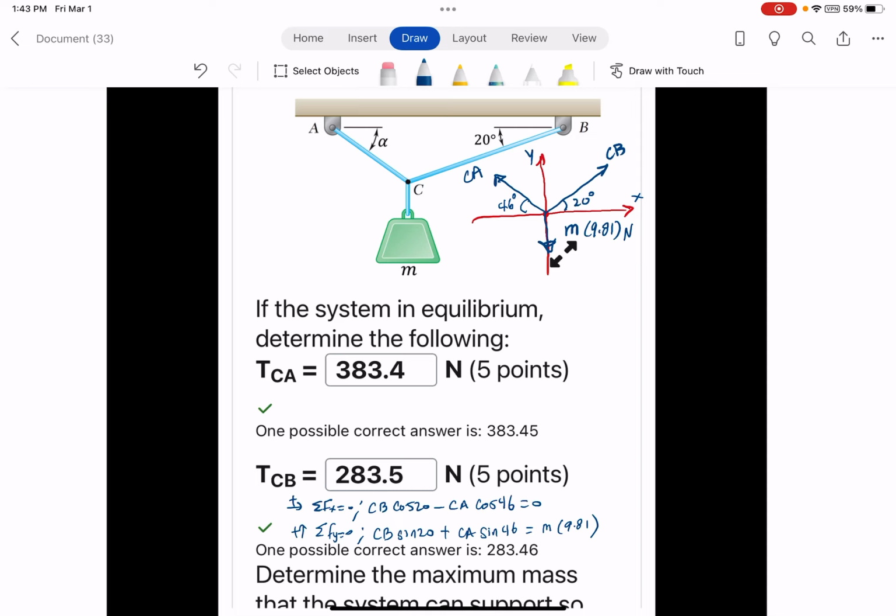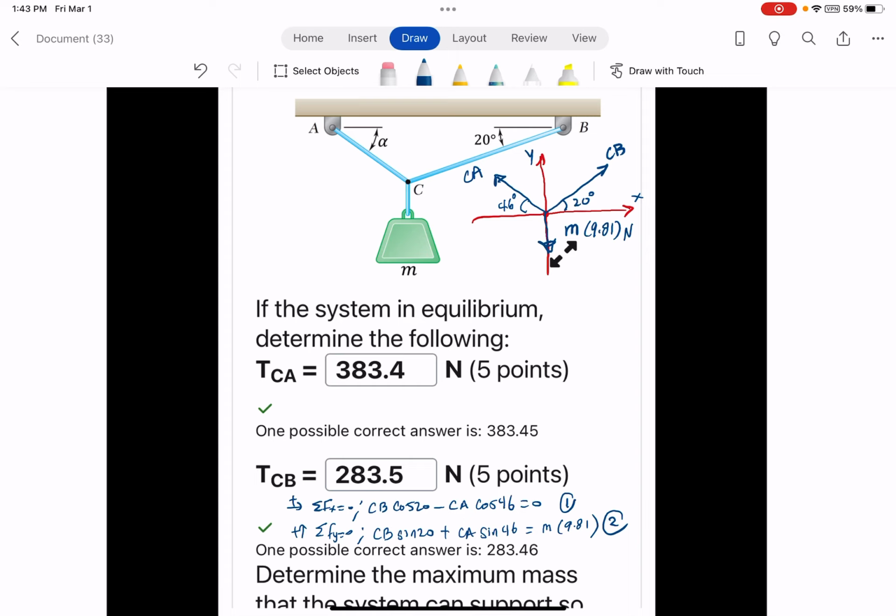Okay, so let's look at the cosine and the sine. Let's look at the first equation, equation number 1, and see which cable is the largest. What is cosine 20? 0.94.